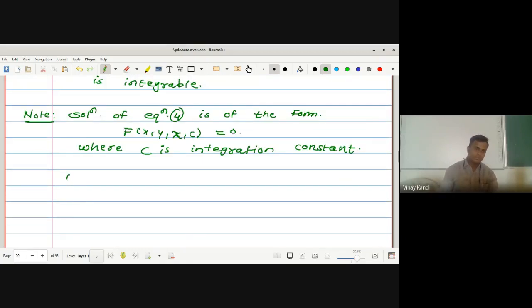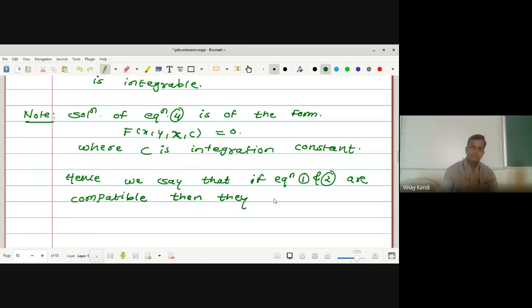Hence, we say that if equations 1 and 2 are compatible, then they have a one parameter family.